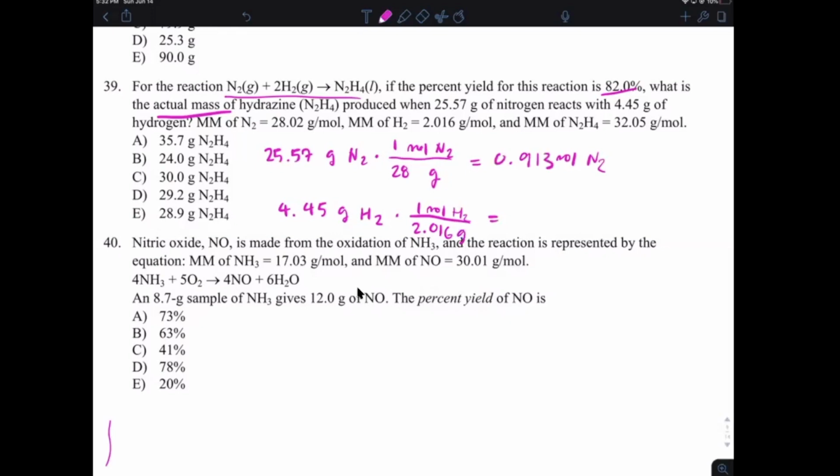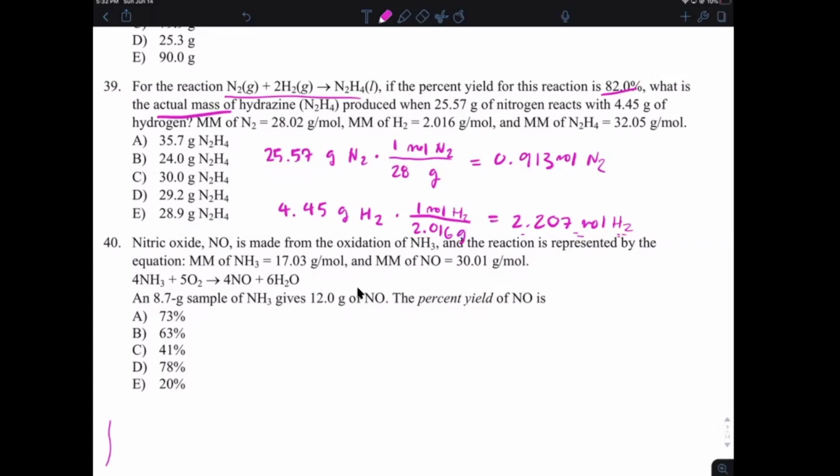Then 4.45. Okay, that's what I get from putting it in the calculator. All right, so this is how much is reacted with, but let's calculate how much is actually required for this amount.